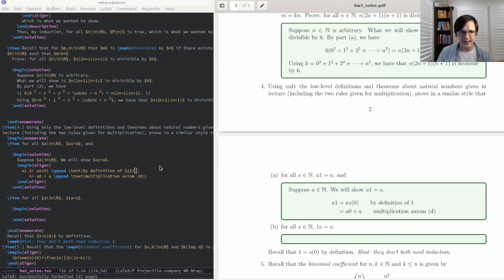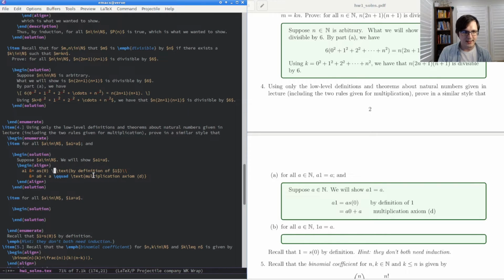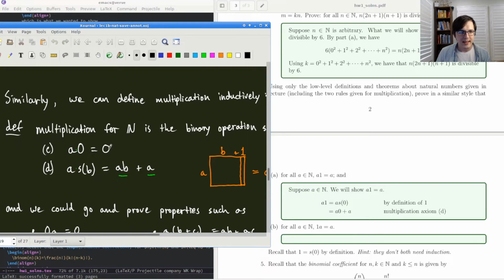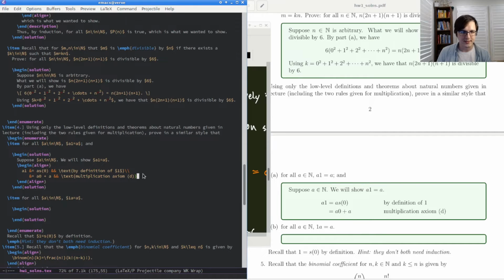Oh, that's a little funky. Instead of a quad space, I'll make use of how the align environment works and get those to line up. Okay, so a times 0, that is property C, it's 0.